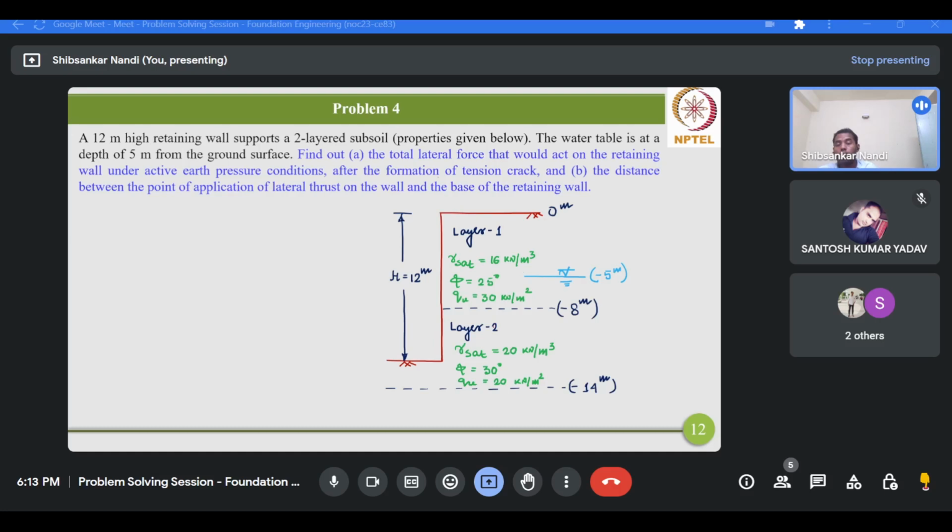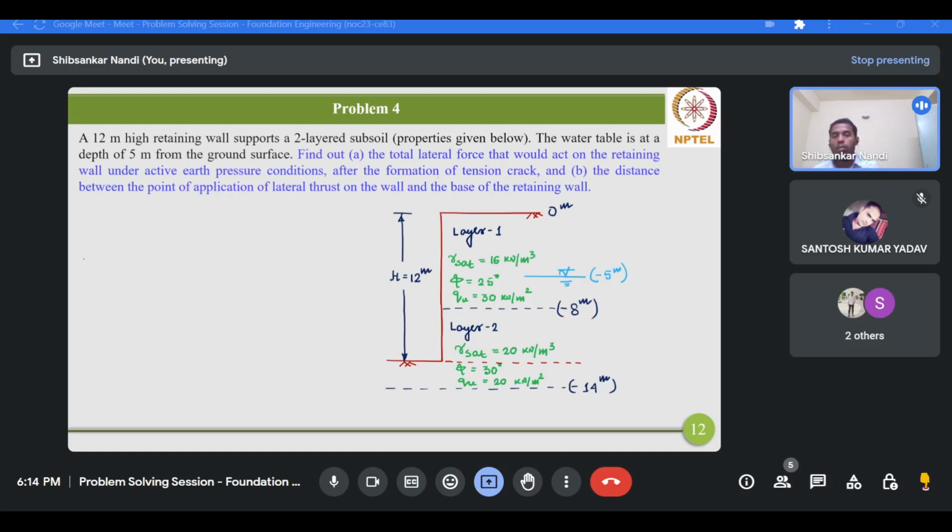Layer 2 actually has a thickness more than 4 meters. So it's having a thickness of 14 minus 8, 6 meters. However, for our calculation, we'll restrict the thickness of layer 2 to 4 meters. Because the retaining wall height is 12 meters, 8 plus 4 will give you the entire height of the wall. We'll not go into much detail, because we are solving similar kind of problem again and again.